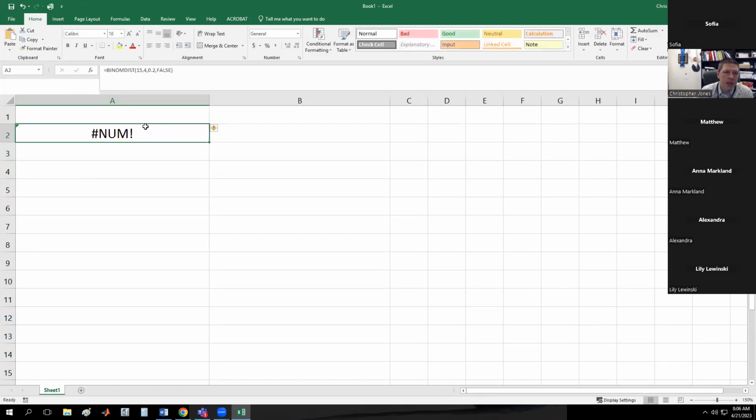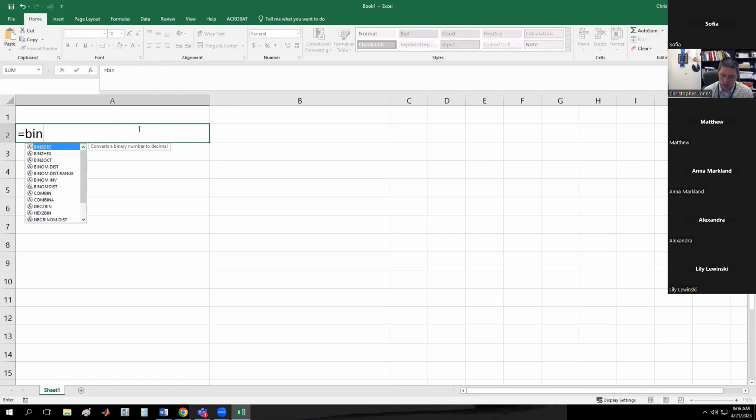So if I hit enter on this, it said num for some reason. I'm sorry, I flipped it around. So it's 4, 15. What you always do is you put the number that you desire first, and then the number of samples second.